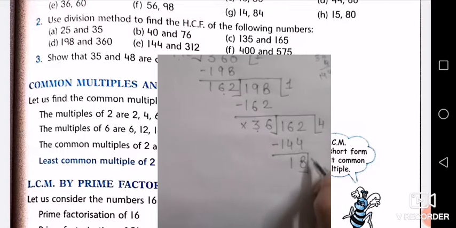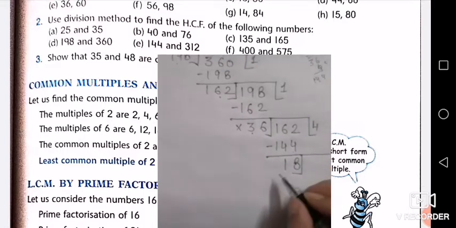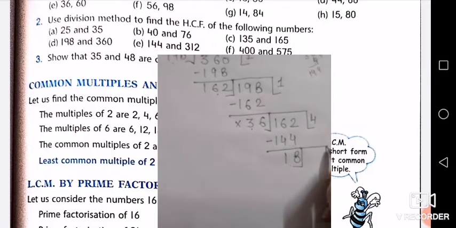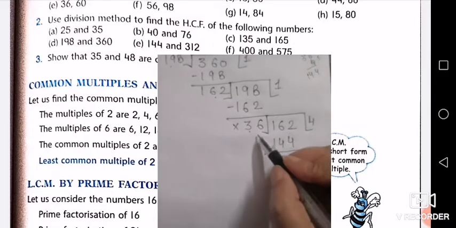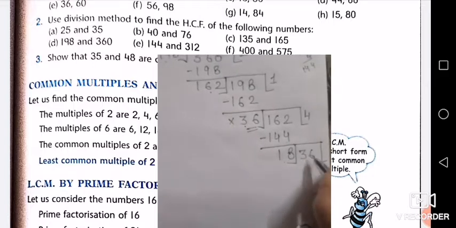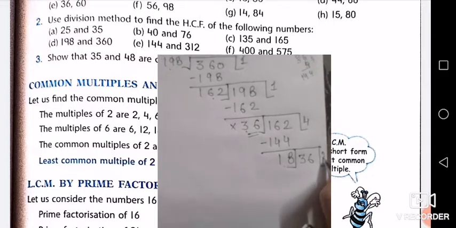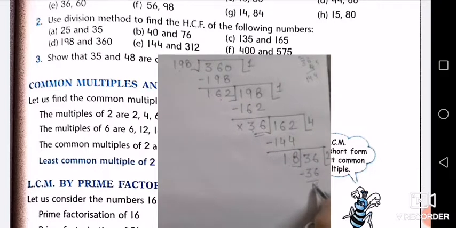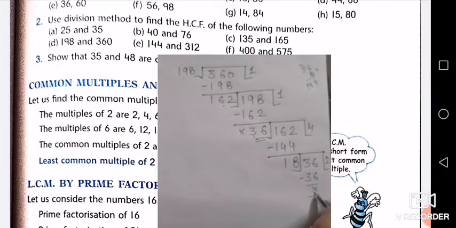Now in the next step, again this remainder will become your divisor, and the divisor of the previous step will become your dividend. So 18 2 times will be 36. So now you have got no remainder.